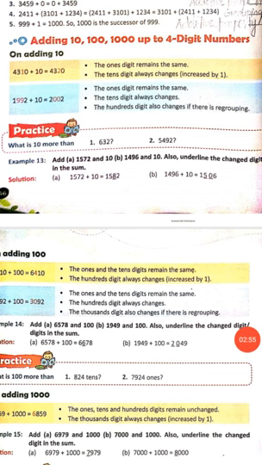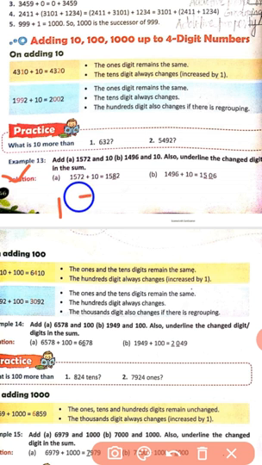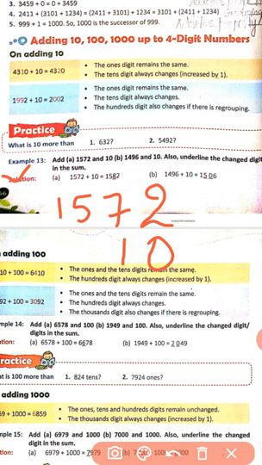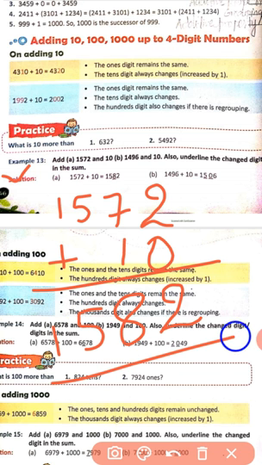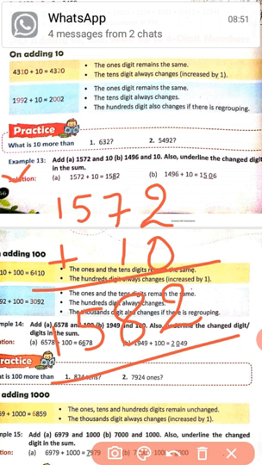Now we have an example question. Add 1572 and 10. So 1572 plus 10: 2 plus 0 is 2, 7 plus 1 is equal to 8, and 500 and 1000. So we have the number 1582.